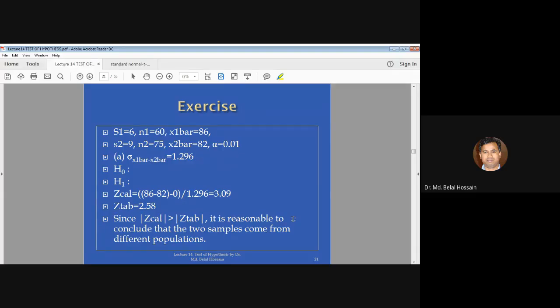In the problem, S1 is given as 6, sample size 60, X1 bar is 86, S2 is 9, N2 is 675, X2 bar is 82, and alpha is 0.01.